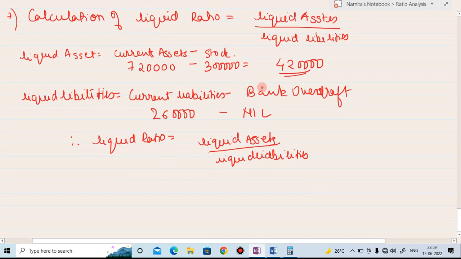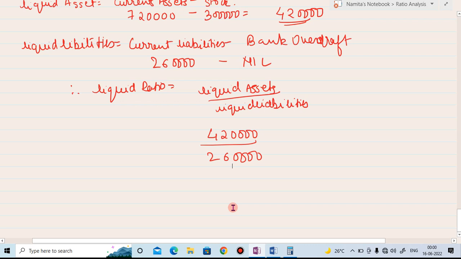So liquid assets total we got 4,20,000 upon liquid liabilities 2,60,000. So the liquid ratio is 1.61:1. So this is the liquid ratio.